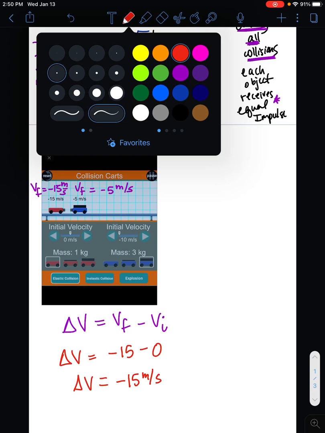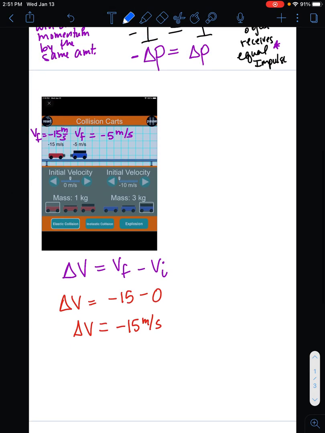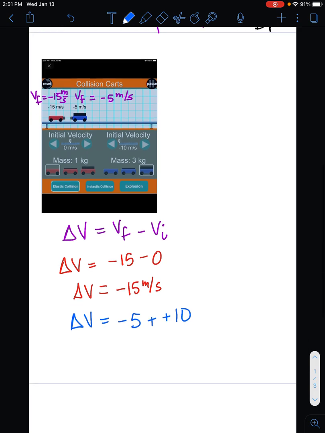If we're looking at the change in velocity of the blue car, it is going to be the final velocity, that was negative 5, minus the initial velocity, which was negative 10. So negative 5 minus negative 10 is the same thing as adding them together. And the change in velocity of this one is actually going to be positive 5 meters per second.